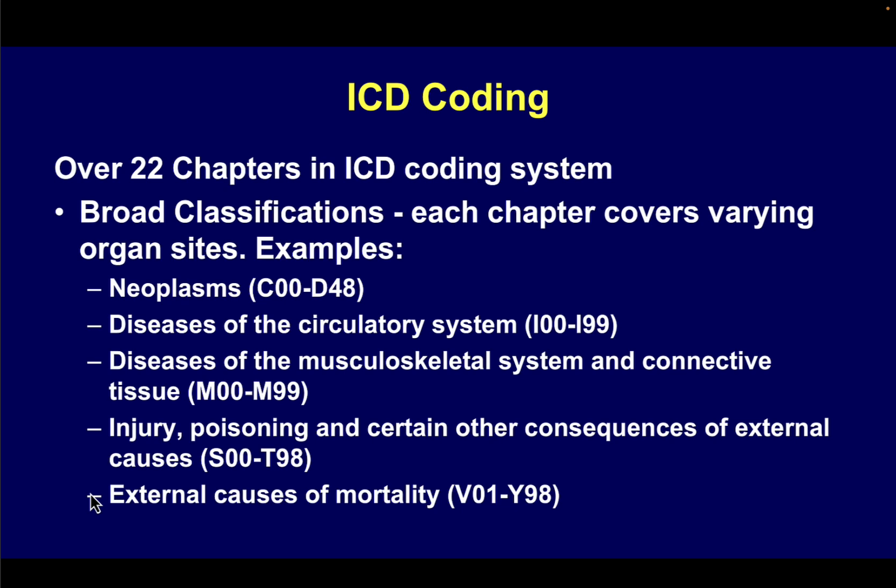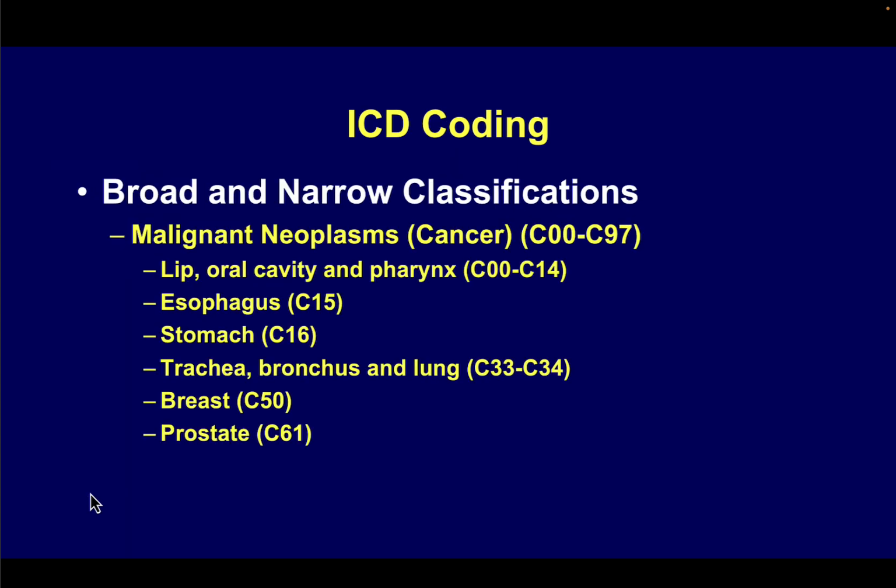And note the codes to the right-hand side of these broad classifications. Each one of these broad classifications has subclassifications and subcodes. So let's go a little bit further into malignant neoplasms.